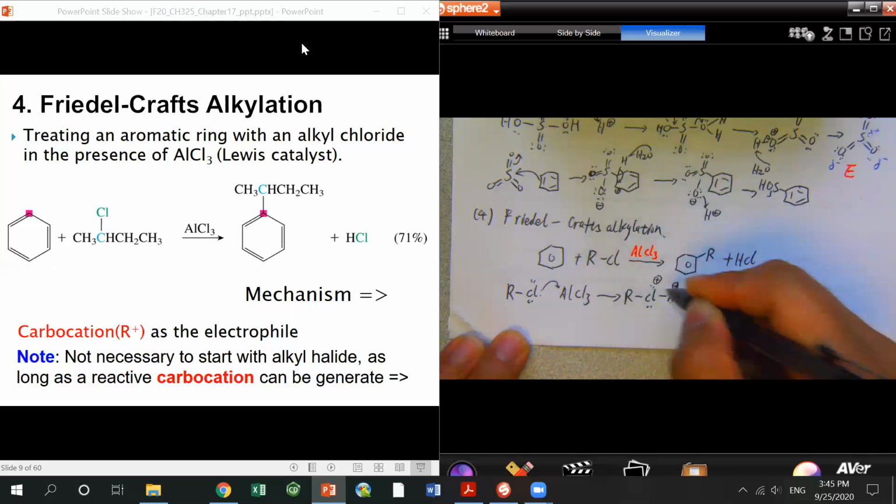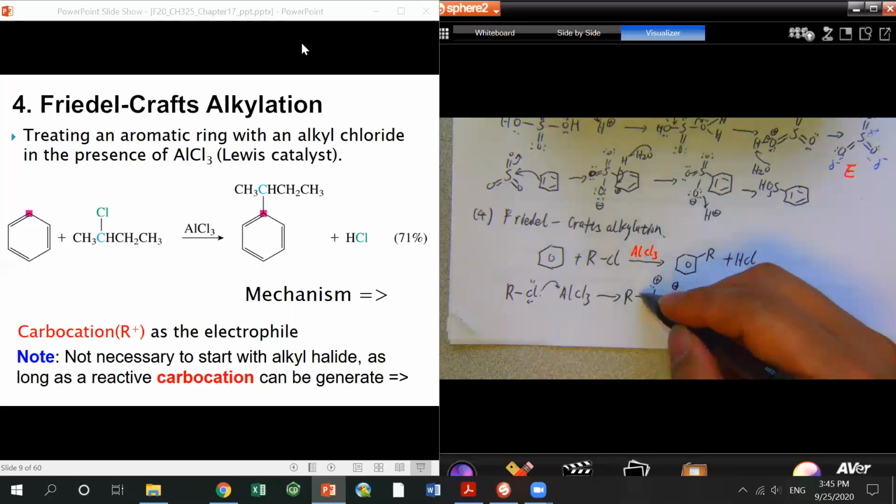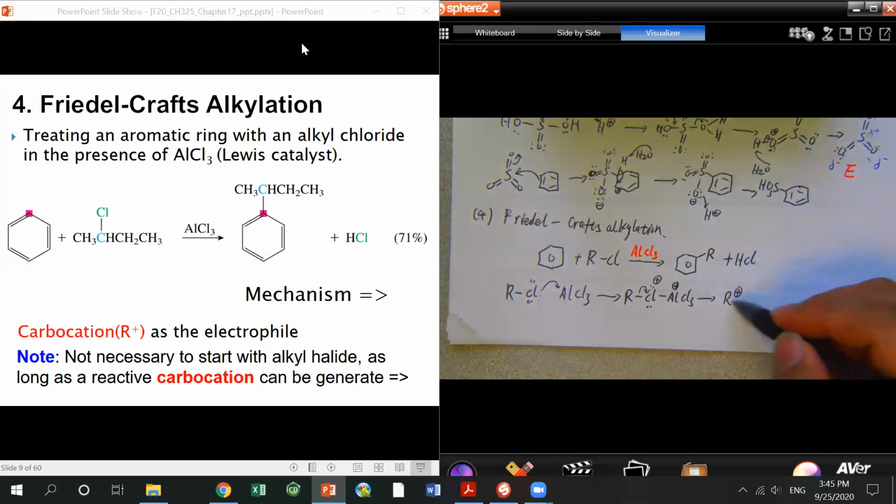Then you generate something like this, with a negative charge here and a positive charge here. Then you break up the alkyl C-Cl bond, and you generate the carbocation, plus AlCl4.